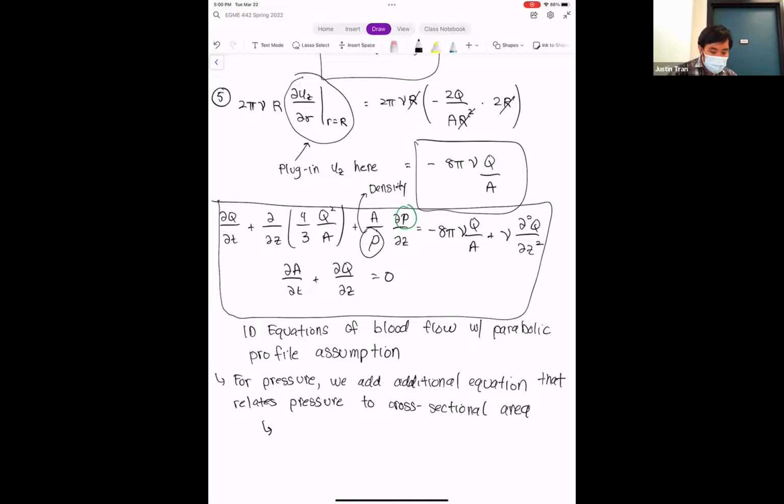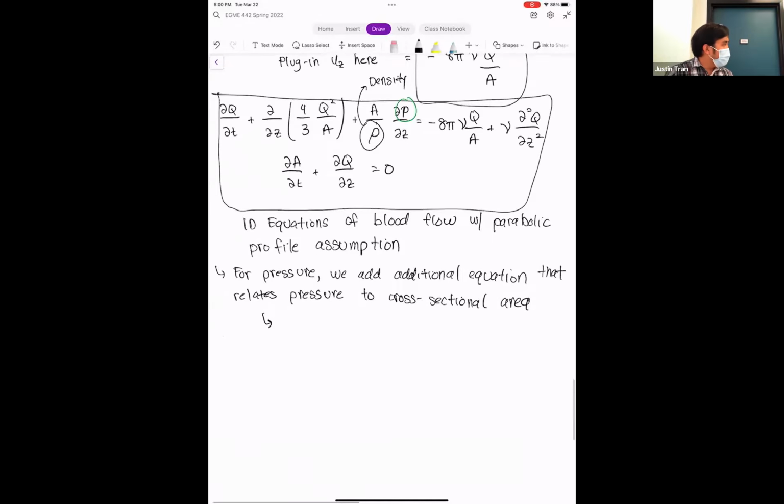And these kinds of equations have a special name. Some of you might have seen these equations before. If you took a strength of materials class or an advanced strength of materials, these are called constitutive equations.